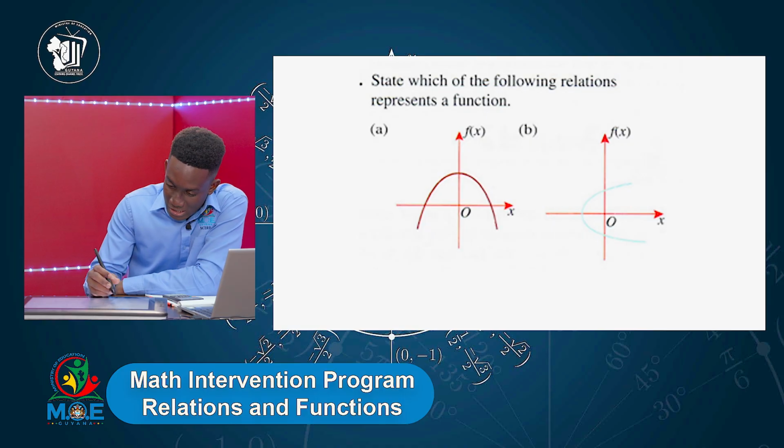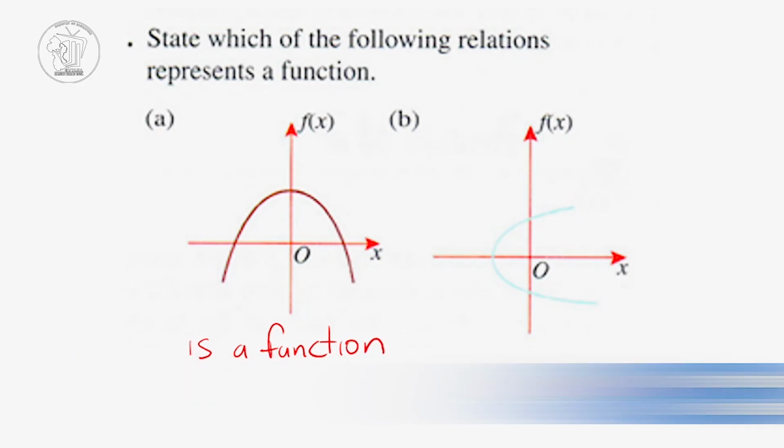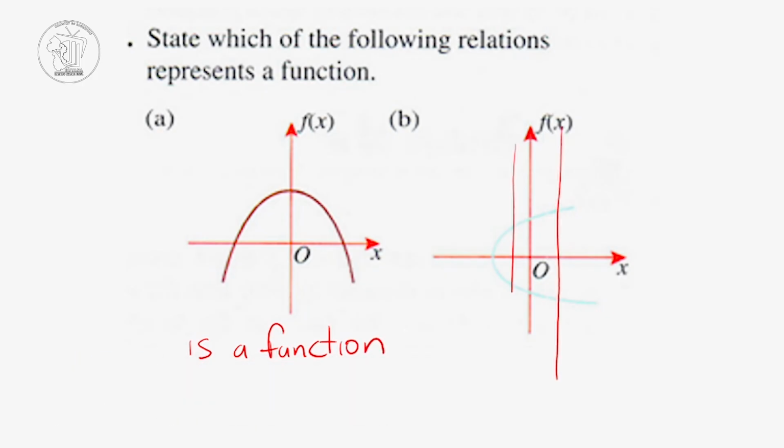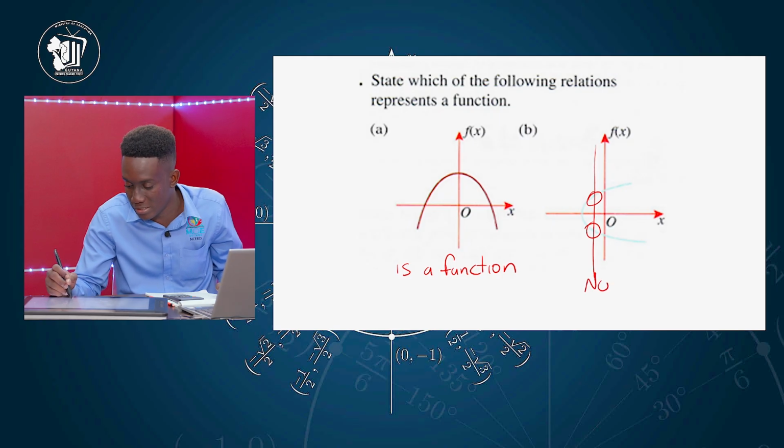So for A, it is a function. And for B, if we do the vertical line test, we can see that it will pass through more than 1 point on the graph. So this one, B, is not a function.